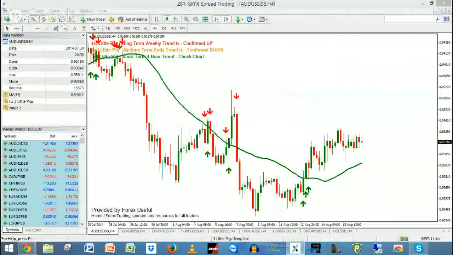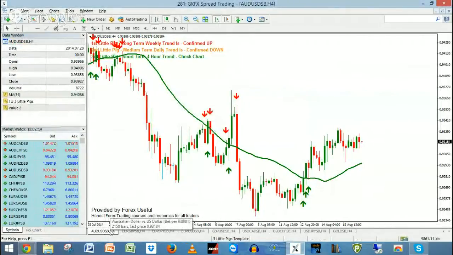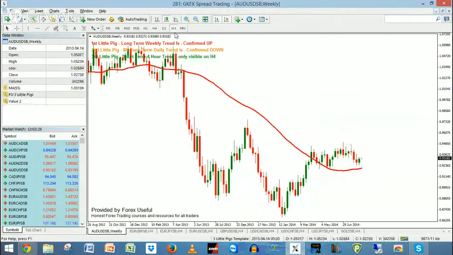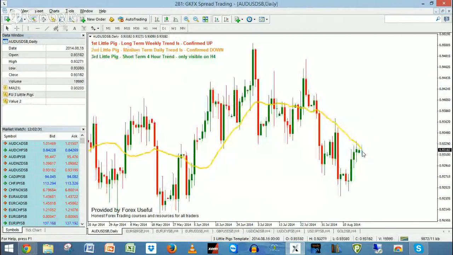Okay, so into the markets. And we'll start alphabetically, so Aussie dollar first. There's nothing here of interest for us at the moment. Two higher time frames are out of sync. We've got the weekly trend up and the daily trend down, just waiting for it maybe to move back up.